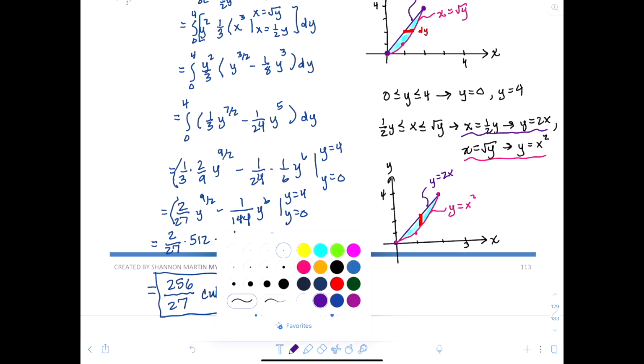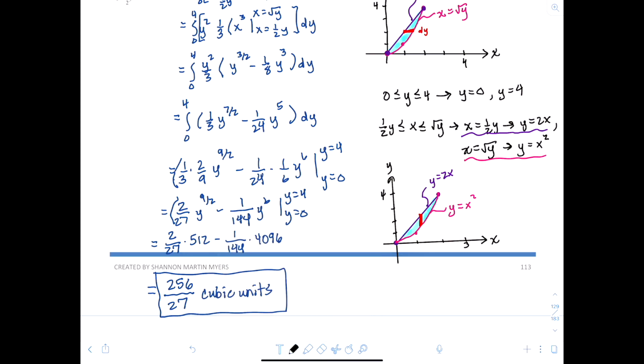And so our integral would look like, the most outside thing, if we're doing dy dx, is going to be what x ranges on, and x is going from 0 to 2. Do you see that? And then y is going from, the topmost graph is 2x, and the bottommost graph is x squared.